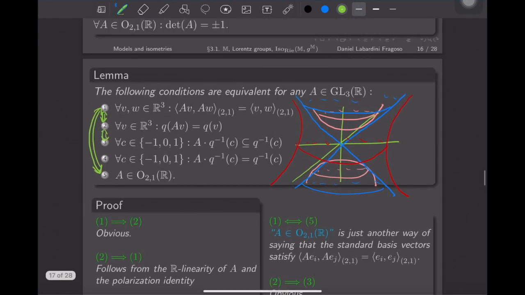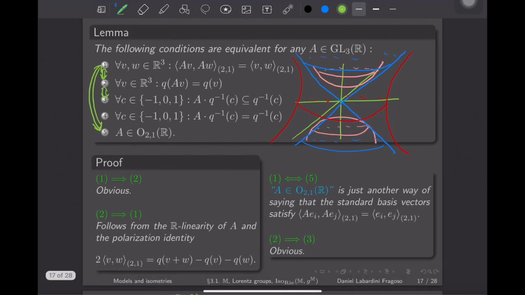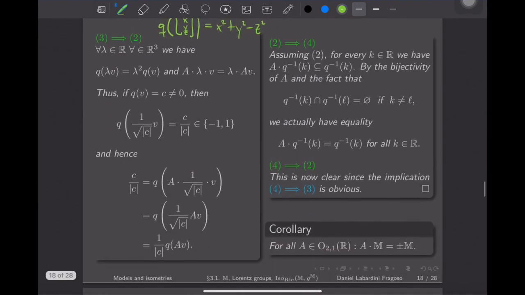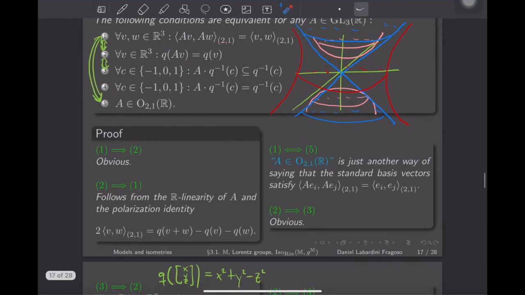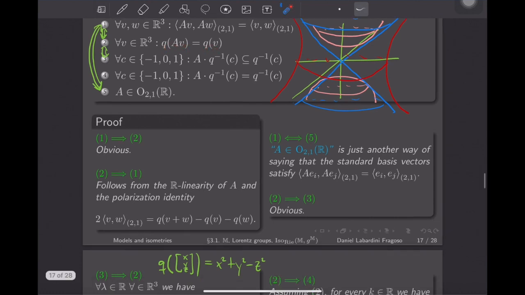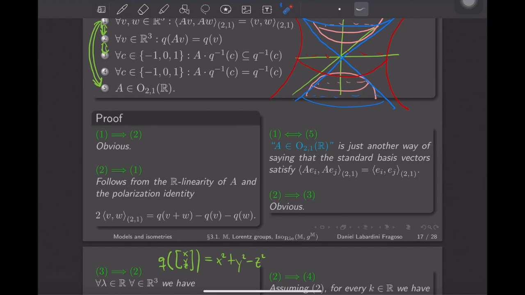Now 2 implies 4. If I know that Q of AV is equal to Q of V for all V's, I want this bijectively.